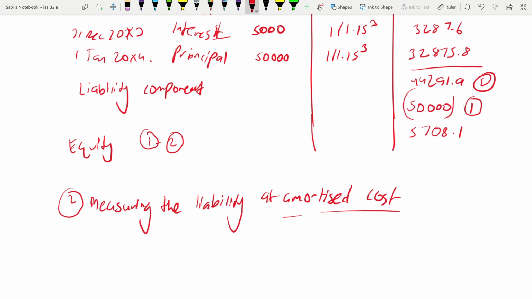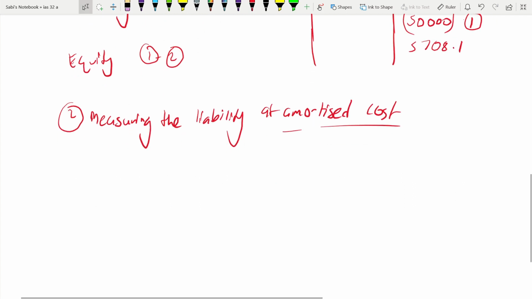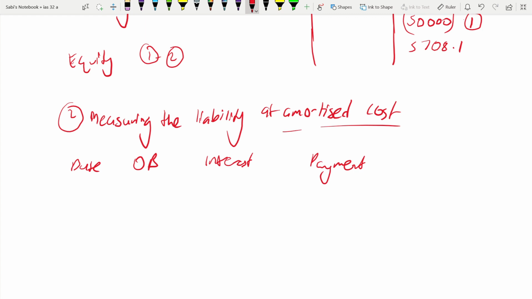Okay. So now amortized cost means this is how you have to do it. You start with the date, opening balance, the interest, which is the finance cost, payment. Because for this bond you have to know what is the closing balance of this bond after you have done all the payments and everything.